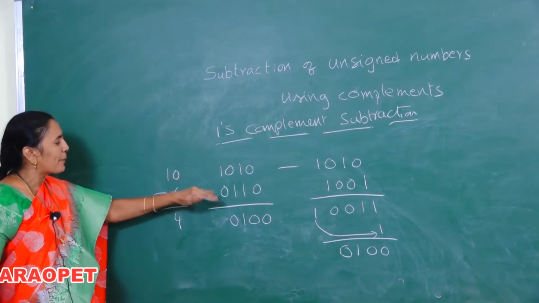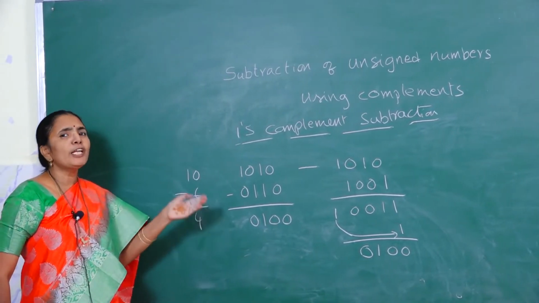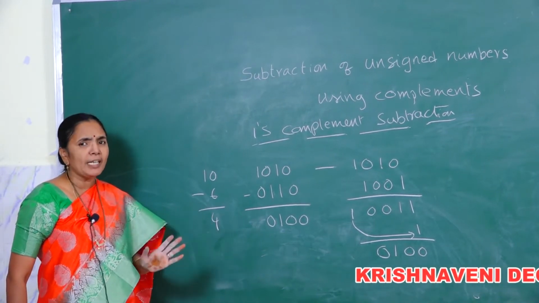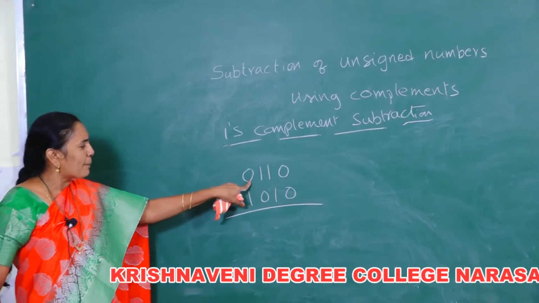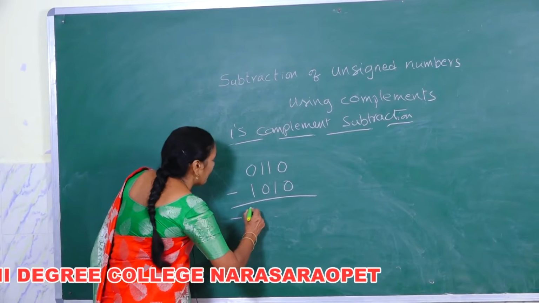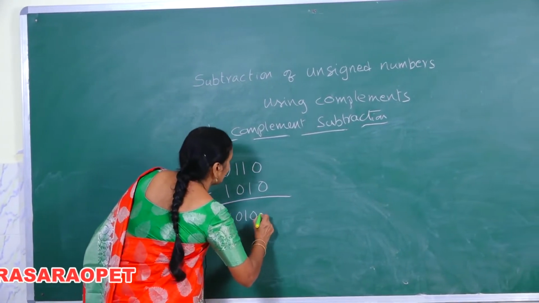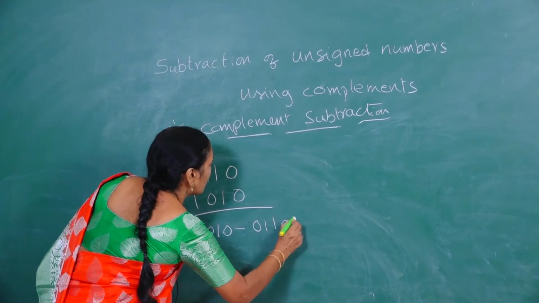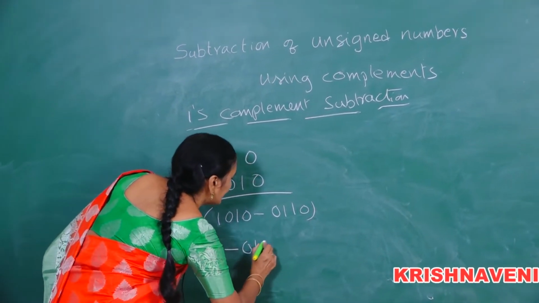Let us try to subtract 1010 from 0110 in order to show how the negative numbers are represented. So, as we can't subtract a larger number from a smaller number, we have to take minus as a common thing and we have to perform 1010 minus 0110, whose value will be equal to minus 0100.